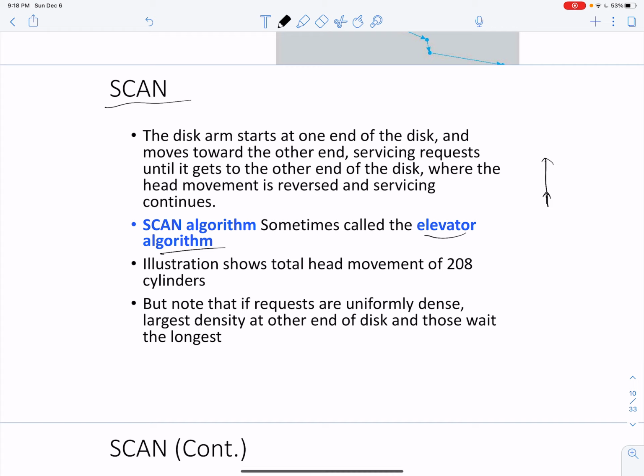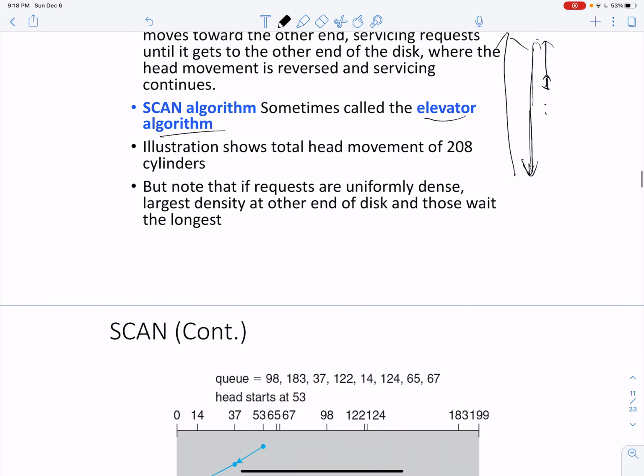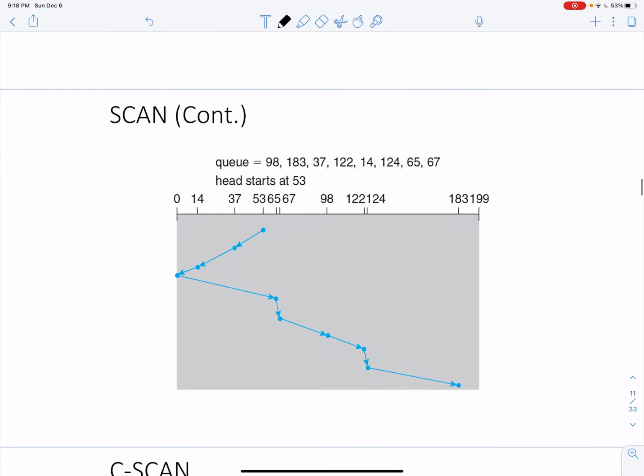It will first ignore all the requests that are below it, move all the way up, make a turn at the top, and move down. Then next it will move up again. That's why we call it the elevator algorithm, because it works in a similar way as an elevator.